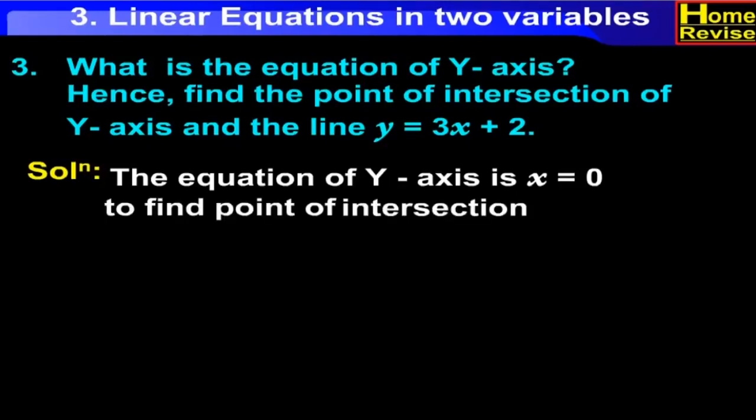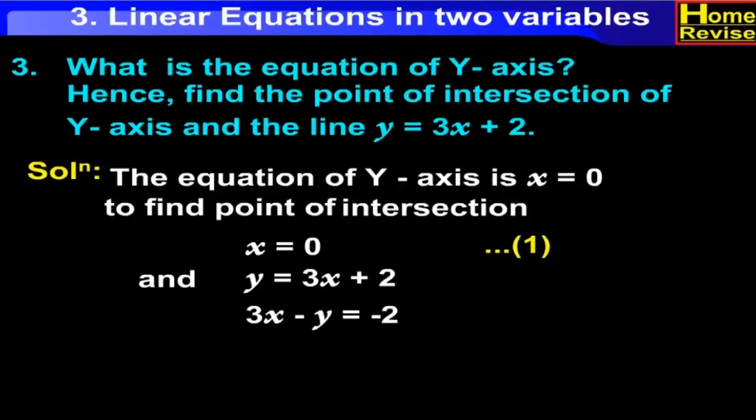Now, to find out the point of intersection of the equations x is equal to 0 and y is equal to 3x plus 2, we will have to consider x is equal to 0 as equation number 1 and y is equal to 3x plus 2, that is 3x minus y is equal to minus 2, as equation number 2.